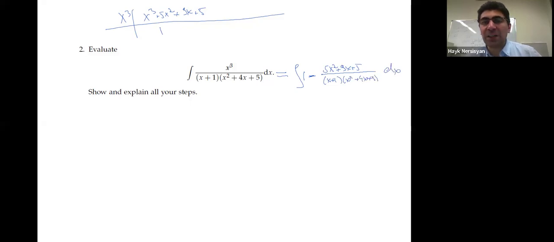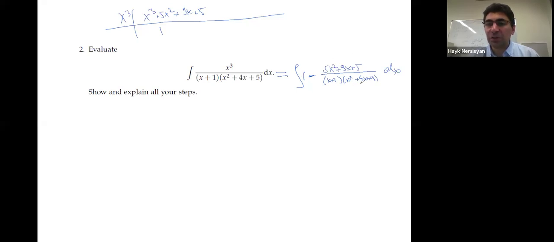Just imagine we are adding to x squared, x cubed, 5x squared plus 9x plus 5, and we are subtracting the same term. So we are left with this, meaning that we have to integrate 1 and this part.